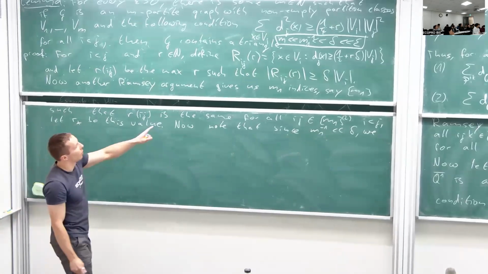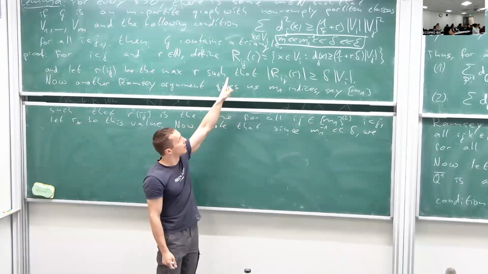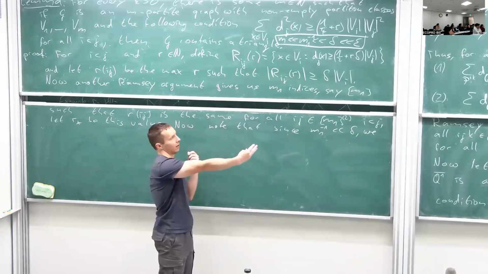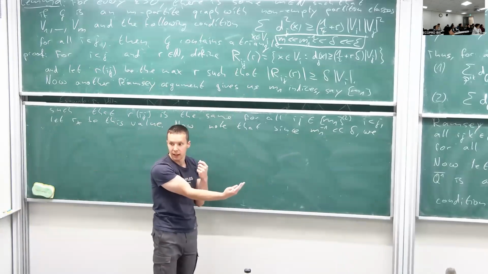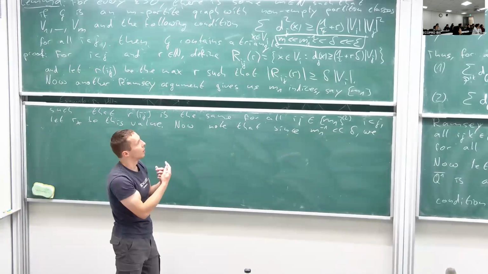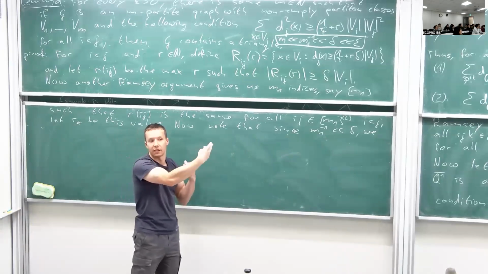So we just look at the first of our partition classes, and then the set of vertices in this partition class with respect to the partition class further to the right, the set of vertices which have large degree, which have this effective maximum degree.